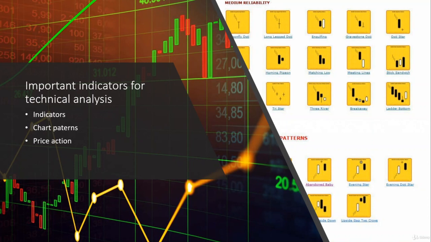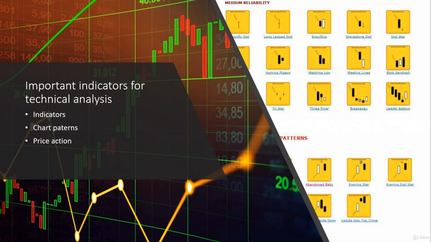Those patterns can be used to predict if the price will change or if the price will stay the same, and what's gonna happen on the graph, simply by looking at them and spotting them. So chart patterns will be very used in our course. We'll principally work with indicators, but I will also present you chart patterns and price action. This way you will be able to create your own strategy after that.